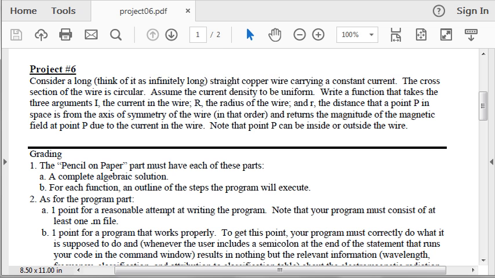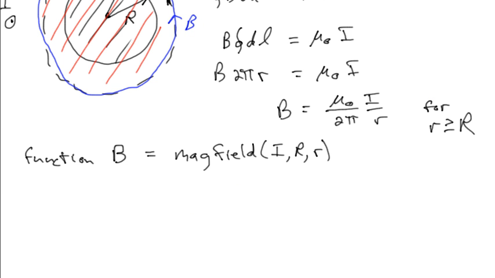Alright, those are the arguments of it. And then, let's say mu 0 equals, from the formula sheet, 4 pi times 10 to the minus 7th.